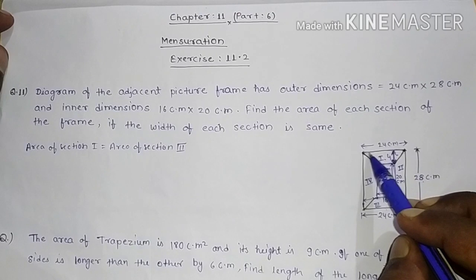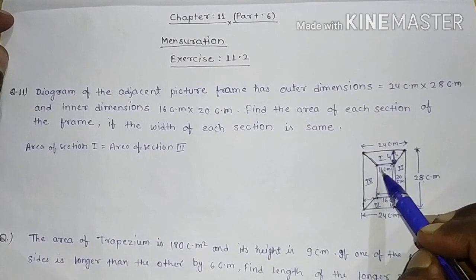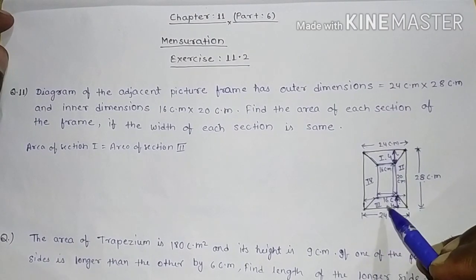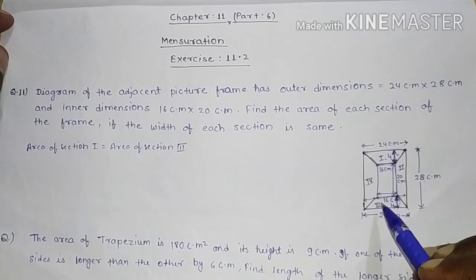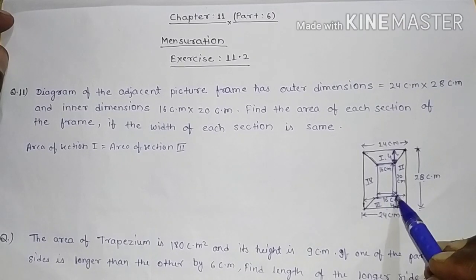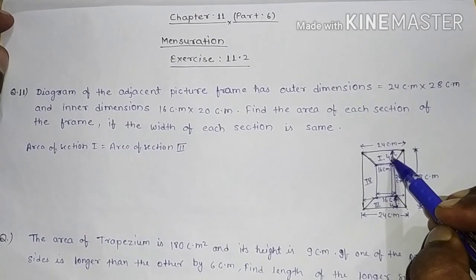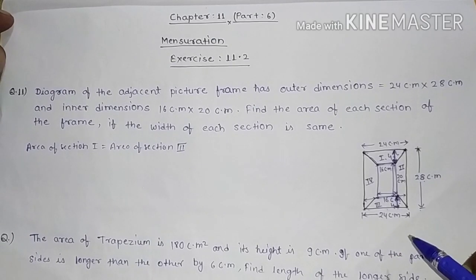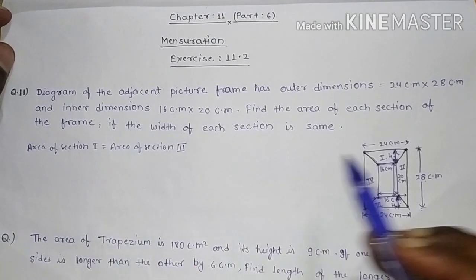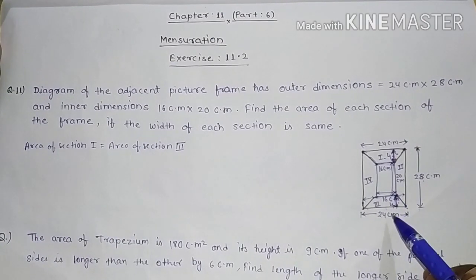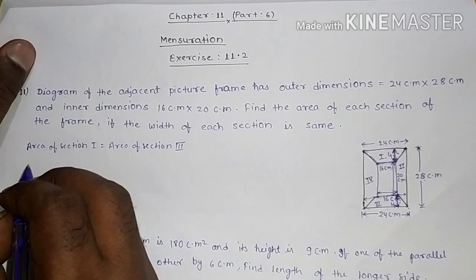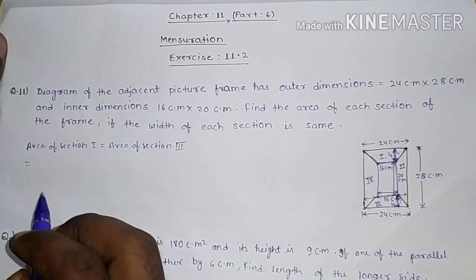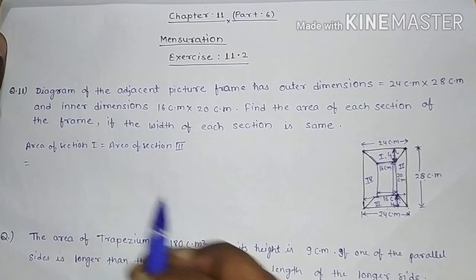The sum of parallel sides is 24 centimeter and 16 centimeter. Similarly, for the third section, the sum of parallel sides is 16 centimeter and 24 centimeter. And the width is the same, that is 4 centimeter, and for the third section it is also 4 centimeter. So the area of section first and section third will be the same. So simply find the area of section first and third.